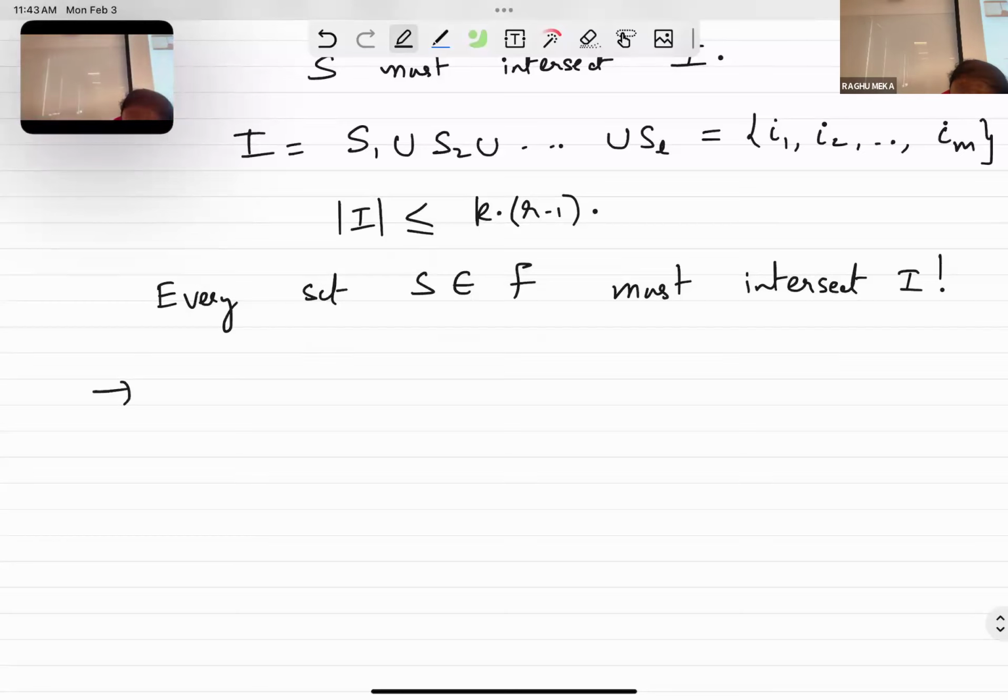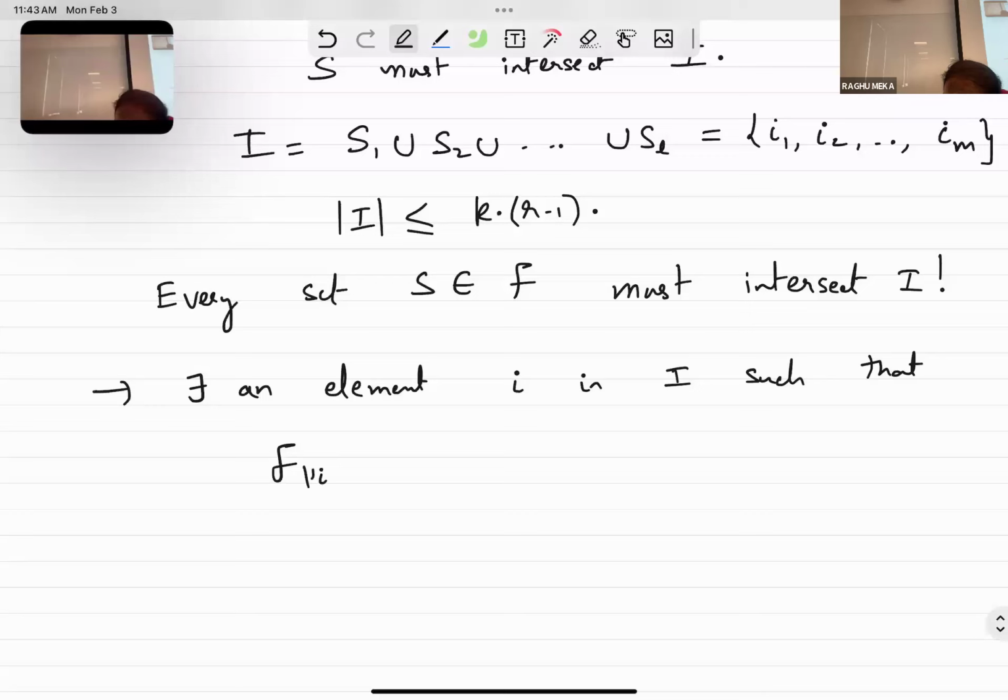So there exists an element I in I such that, let's say I look at all sets in F that contain the element I.